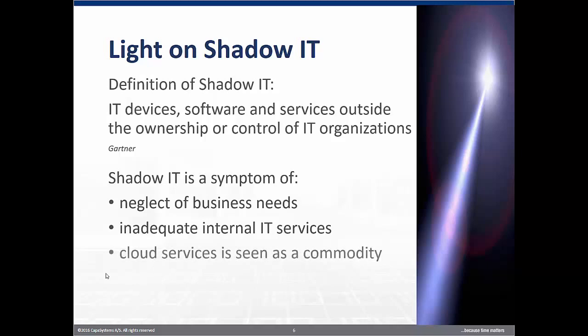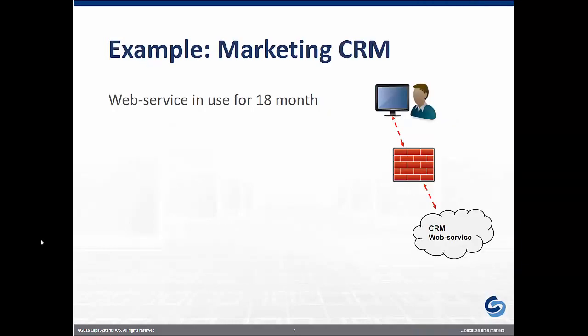Cloud services that have become a commodity to end users. They will intuitively use the same tools for work as they do privately. The gap between the perspective of business line middle management and the perspective of IT organizations makes it difficult to tie the ends together. Let's look at an example.